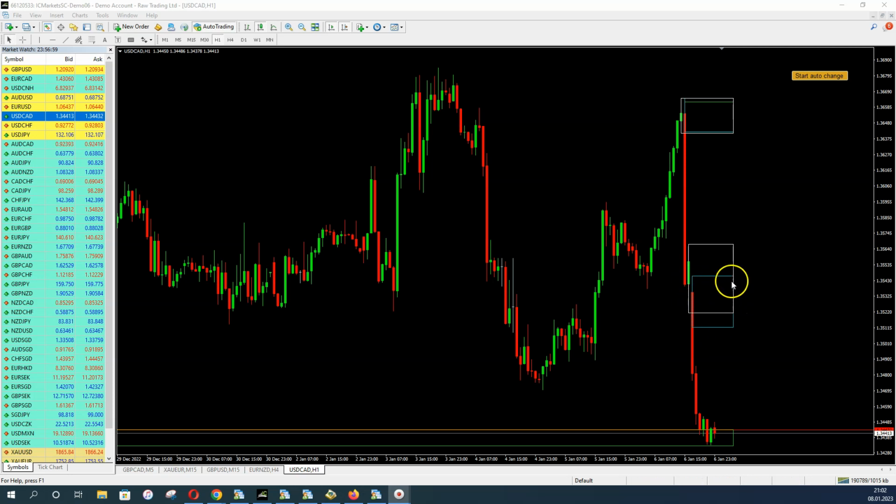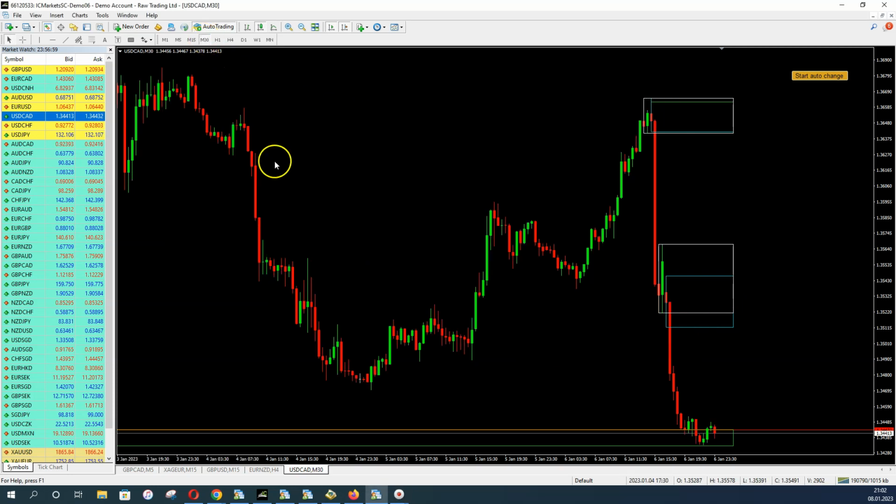So we have here an M30 supply zone, and if you want to know how this zone has been created, you simply go to our M30 time frame, and then you can see exactly here was a small tiny candle, and then we had this big candle going down, and so this created here this M30 zone.